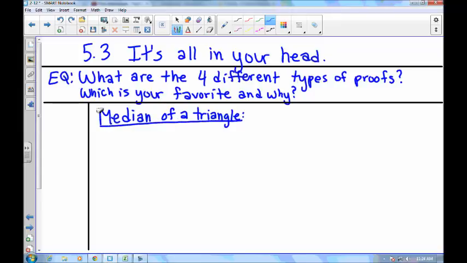The formal definition for median of a triangle: a segment whose endpoints are a vertex of the triangle.